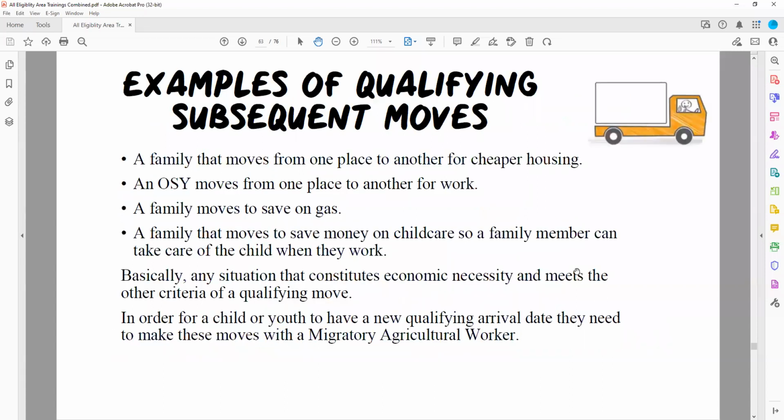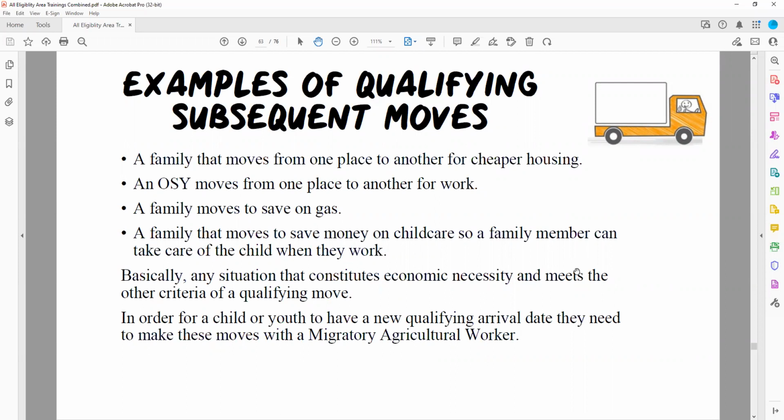So examples of a qualifying subsequent move: the family moves from one place to another for cheaper housing. Now, we are making the assumption here, and this would be the only way that they would be considered a qualifying subsequent move, that they are moving with an established migratory agricultural worker. So an out-of-school youth could themselves be a migratory agricultural worker. So they move from one place to another for work.